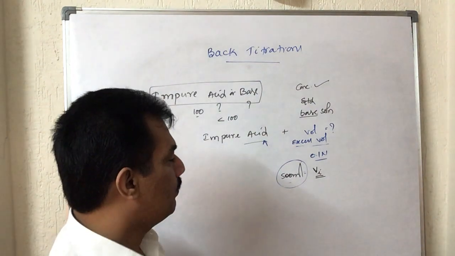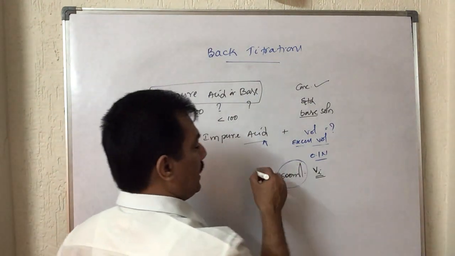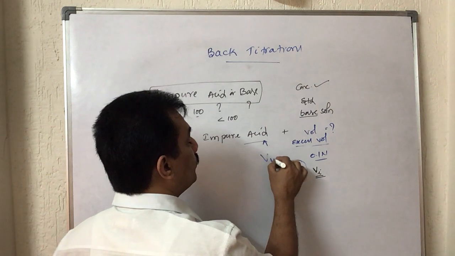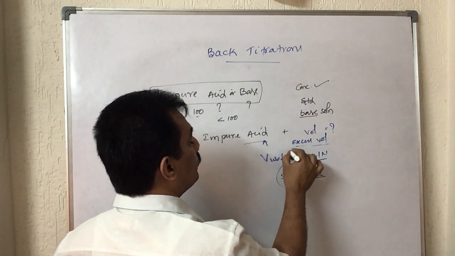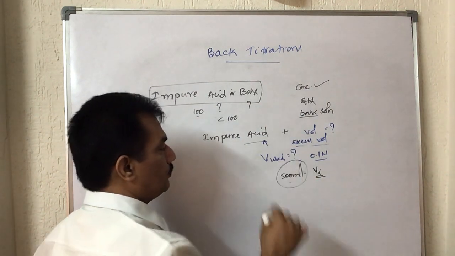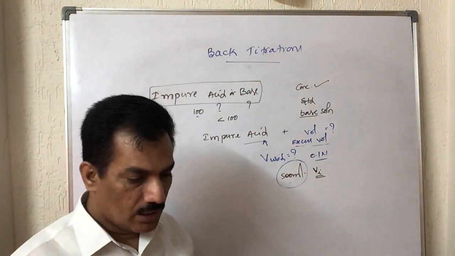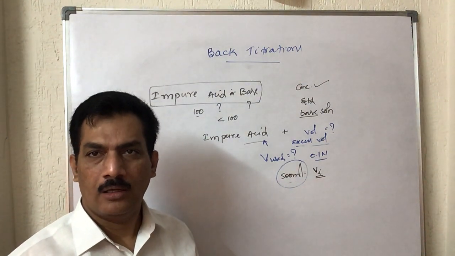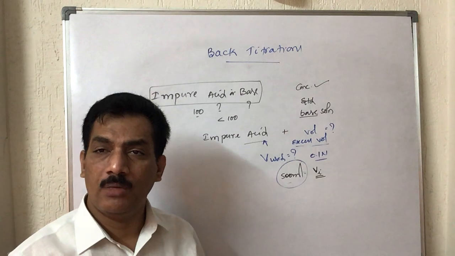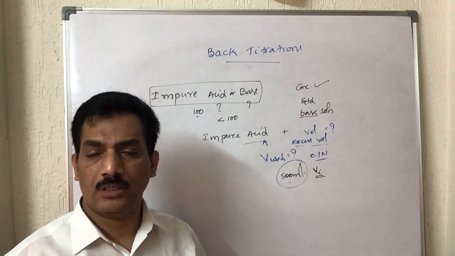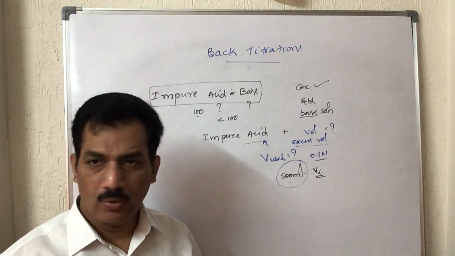Clear? Now, how to find the volume used? We don't know. We are taking excess, 500 ml. But how much of this 500 ml is used for the titration of that impure acid? We don't know.